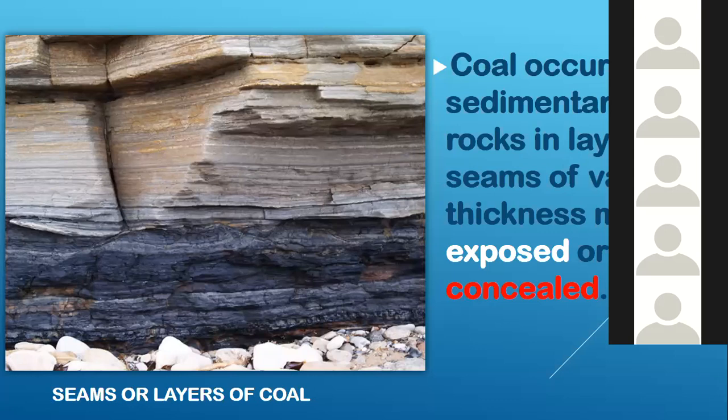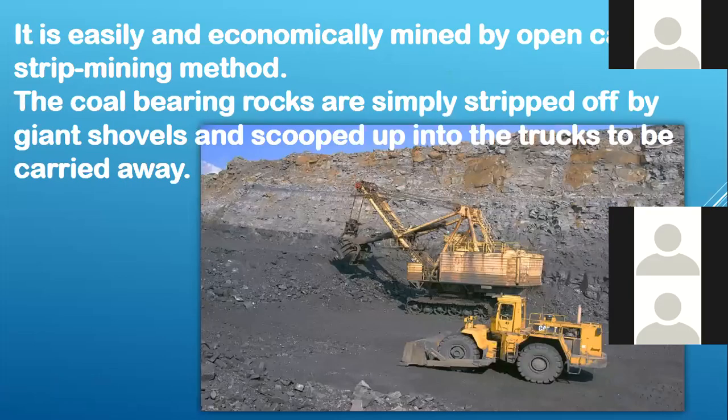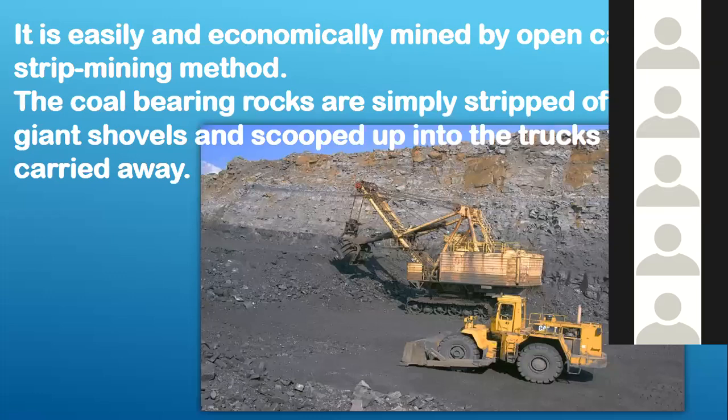So we said, remember, we talked about the open casting method, and we say for coal they use the open casting method. Why? Because they are near the Earth's surface. We talked about the method used in extracting minerals which are near the Earth's surface. That is the open casting method or strip mining method.